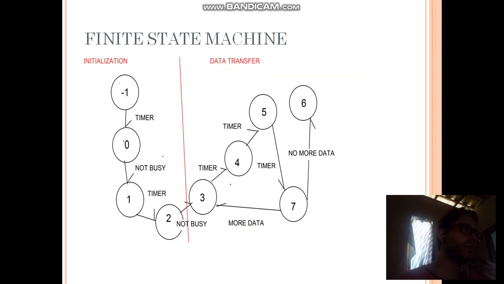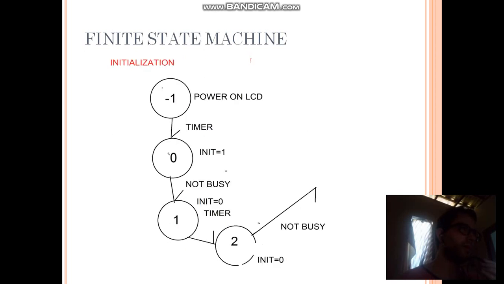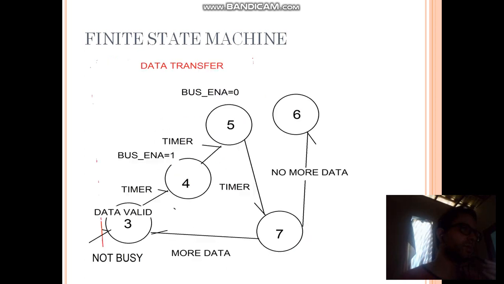Here we have two parts. The part on the left is the initialization part, and the part on the right is the data transfer part. In the initialization part, in state 0 the init signal goes to 1 in order to make a pulse for the initialization process.